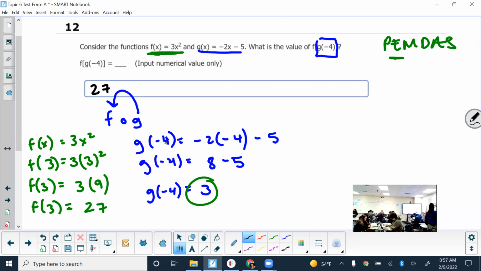All right, so questions on this one. It's always the innermost being plugged into the outermost. So like this one's inside brackets. This will be plugged into the f.